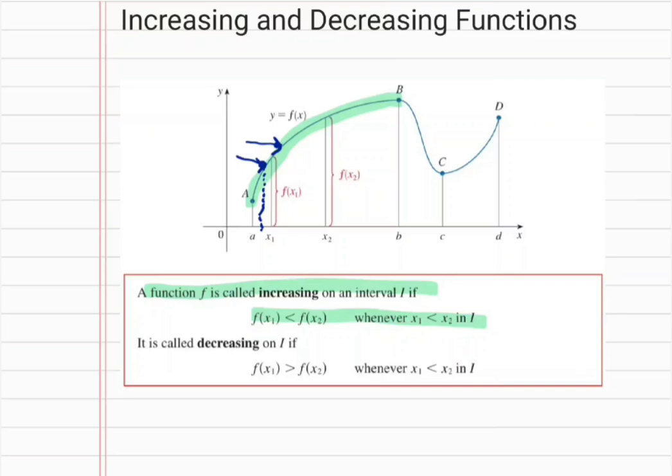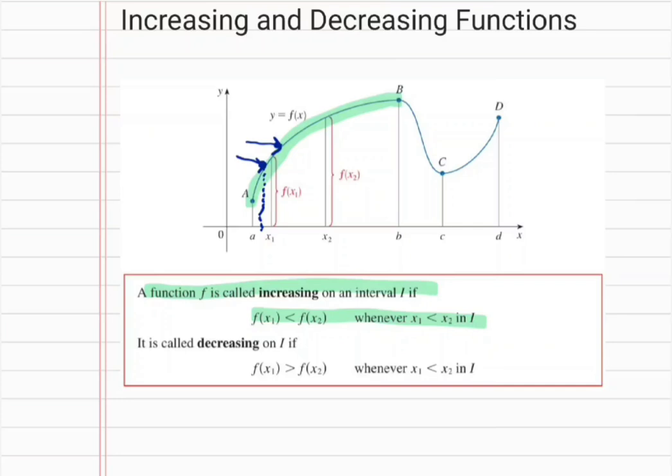For example, in the interval from point A to point B, the function is increasing, because if you choose any x value that is greater than the other x value, the function at those values is just going to follow that. So if x1 is less than x2, then f of x1 is less than f of x2.